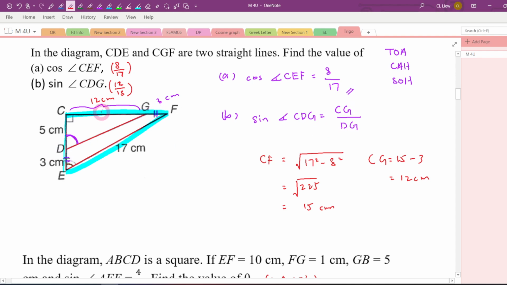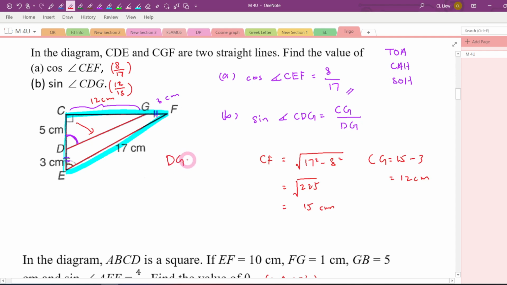But it's okay. Now we have the side length here and here. We can use Pythagorean theorem again to help us to get DG. So ask yourself, DG short or long? Opposite the right angle, so it will be long. Longer side, which is the hypotenuse of this right angle triangle. So we use plus.